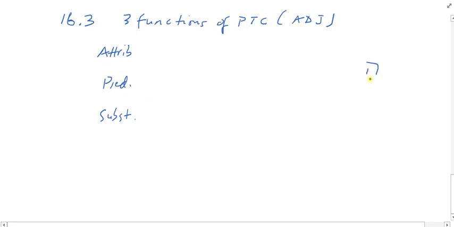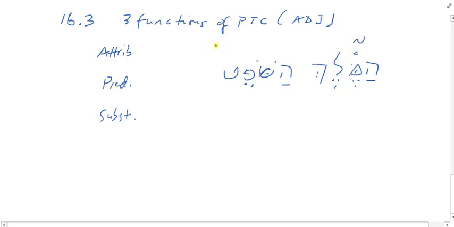I could have ha-melech, and then we'll use the example that Ross gives you. Ha-melech ha-shofet. Okay, so notice what I have here.